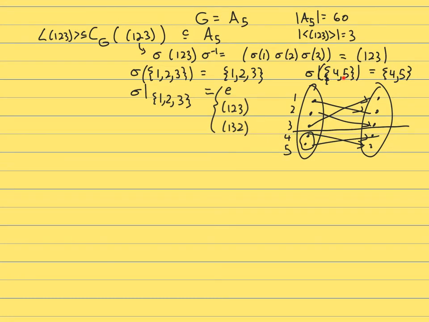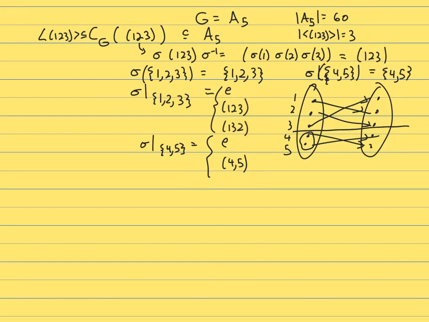So we have a bijection from {4, 5} to {4, 5}. There's only 2 options. Either it's the identity element, or it's the transposition (4 5). So we see overall we only have 6 possible permutations.